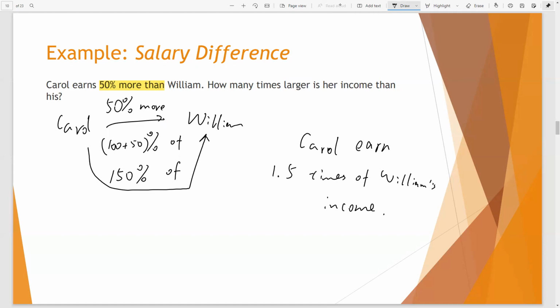That is 1.5 times. 150%, you could just divide by 100 to get 1.5. So Carol earns 1.5 times larger of William's income. Right.